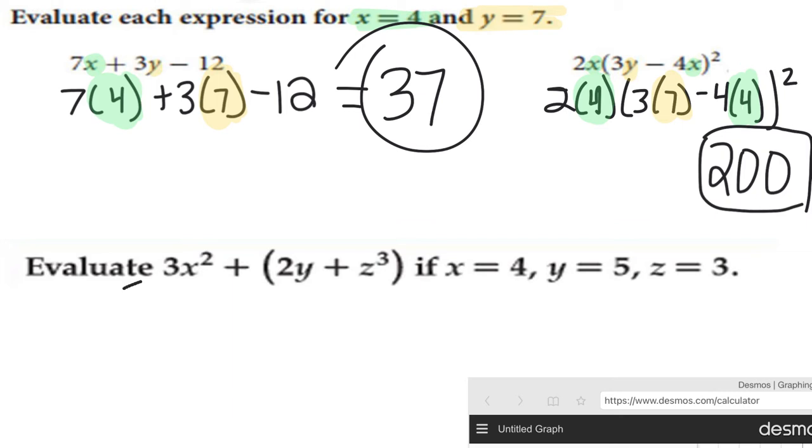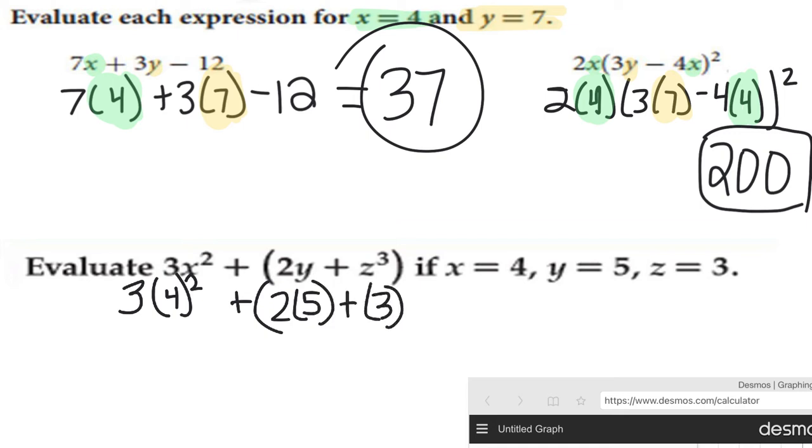So for this one, 3, in place of x, I'm going to put 4, plus 2. In place of y, I'm going to put 5. In place of z, I'm going to put 3. So again, notice that I took the x, put a 4 in its spot, because that's what this said.